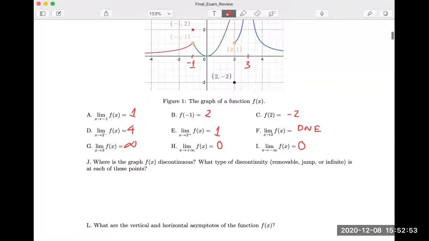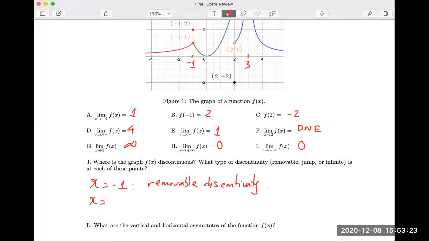At x equal to -1, this is a removable discontinuity, because we can remove this discontinuity by defining a value at -1 to be 1 right here, this point. That is why it has that name.